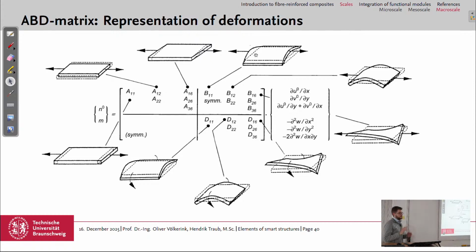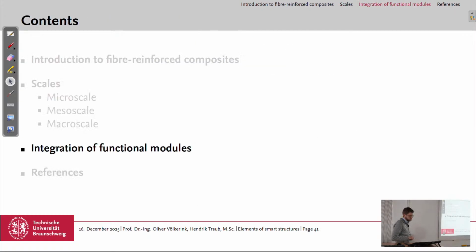So in the combination of the actuators with an engineered ABD matrix could give us some interesting overall structures from the actuation behavior. So this was really a rather brief introduction to fiber reinforced composites without many equations, but I hope you get a glimpse on fiber reinforced composites. And now we have a look at the integration of functional modules in these structures.